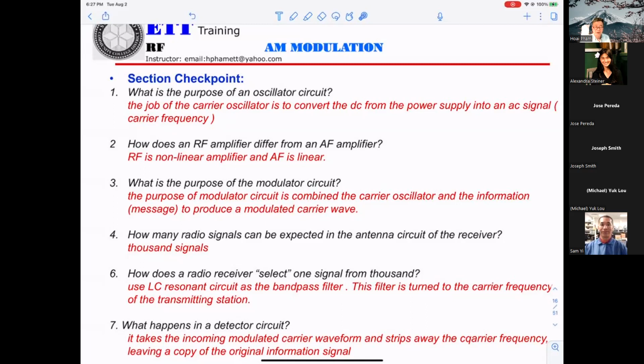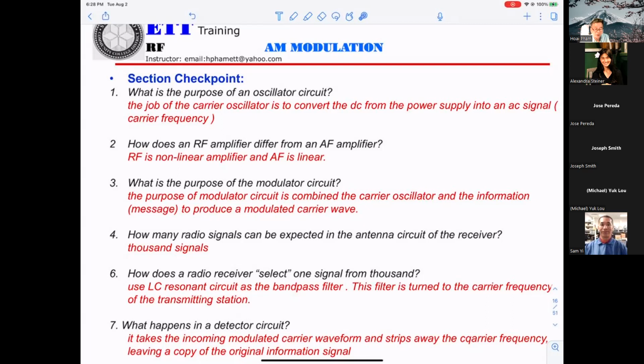Okay. So basically, I've been telling you how the process works. First, your voice is low frequency. They cannot transmit it over the air. So they need a signal they call a carrier.